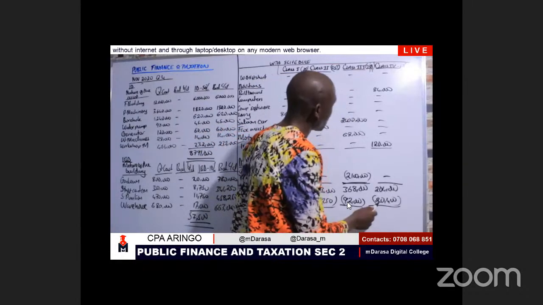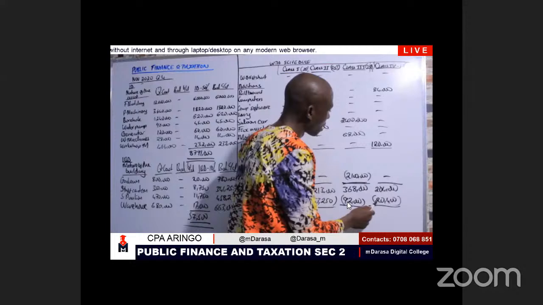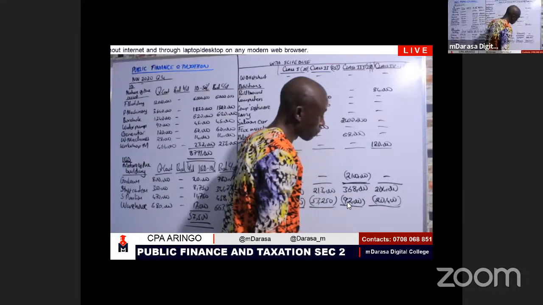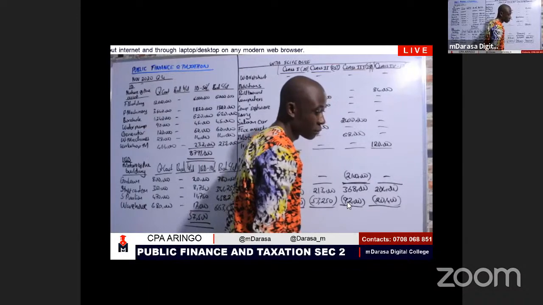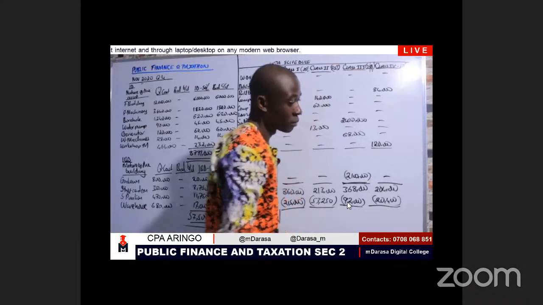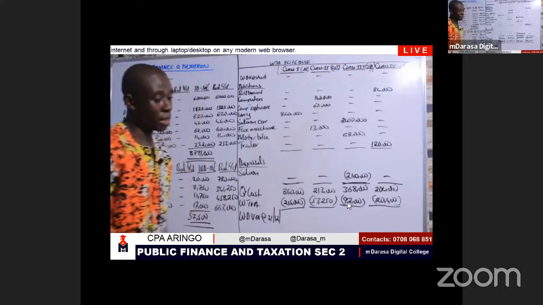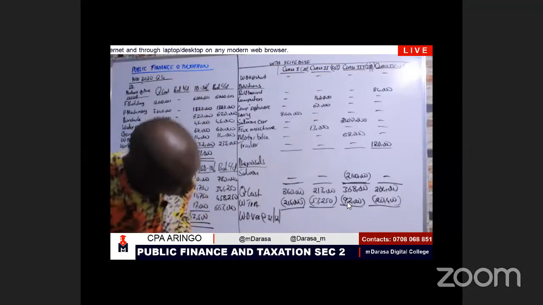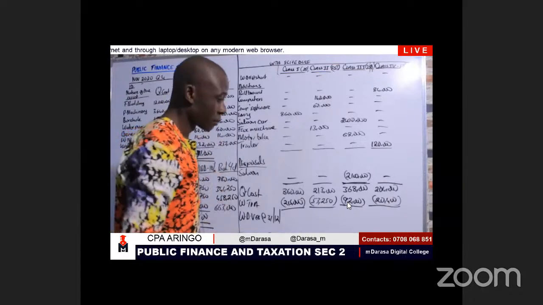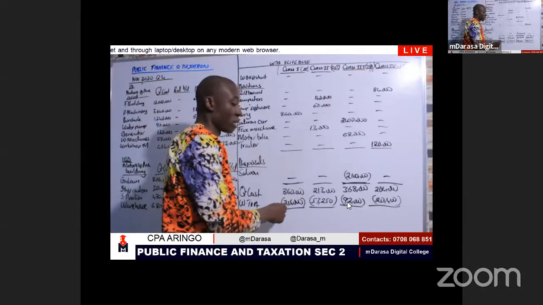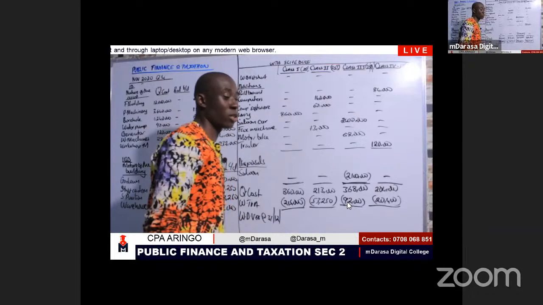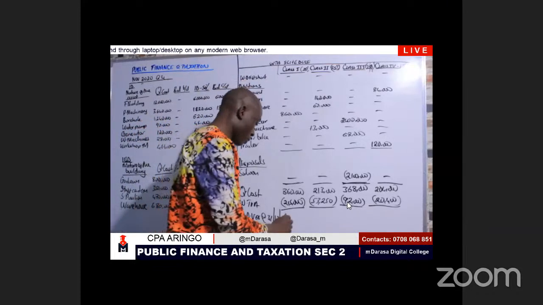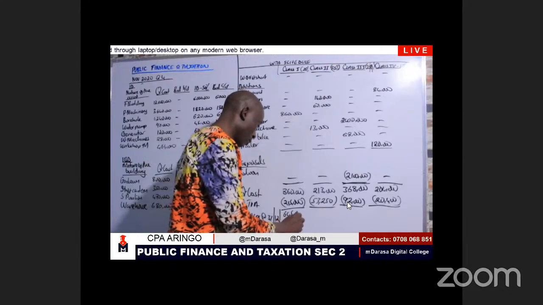This is 10% of 204. Yes, it's correct. Remember this is class 4, we are looking at 10%. So this should give us how much, our written down value? 645,000.